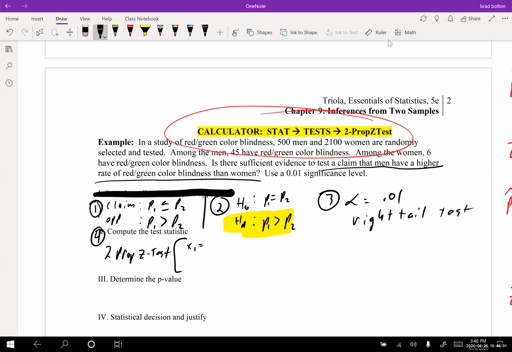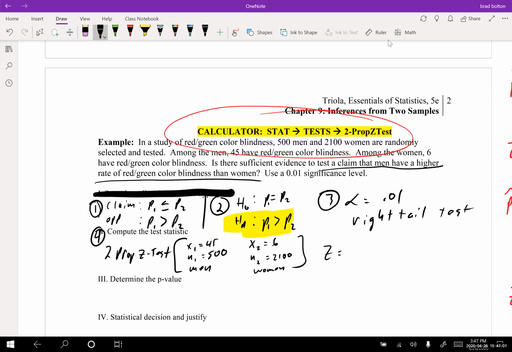X1 is equal to 45, N1, if you were in class, this is how I would have you write it down, is equal to 500. And then we have X2 is equal to 6, and N2 is 2100, that's the women. So this is women, this is men. Okay. So now let's see what we get for our Z equals.